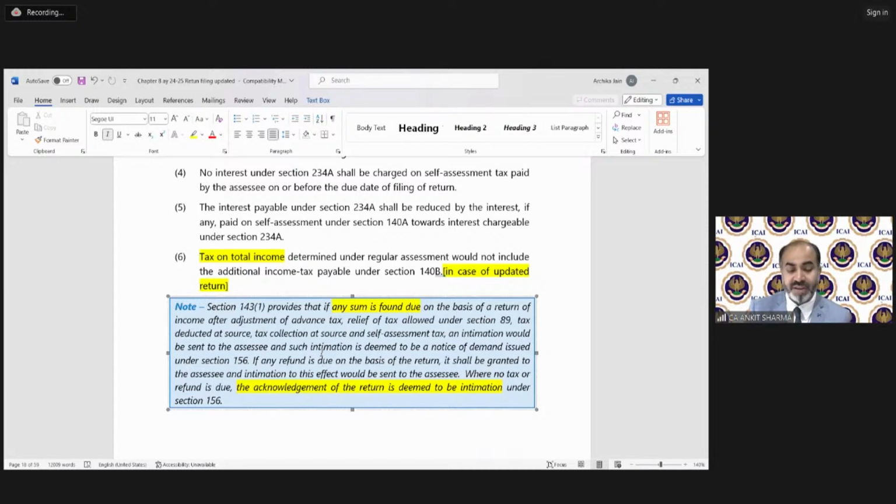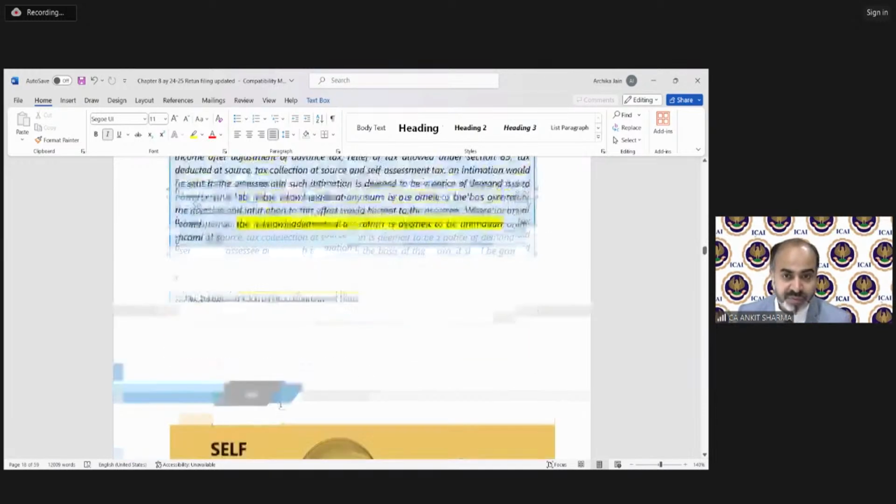But suppose if there is nothing to pay, nothing to refund, in that situation, the acknowledgement of the return will be termed as deemed intimation. So that is called deemed intimation. If there is nothing to refund, nothing to pay, the acknowledgement of the return will automatically be considered as deemed intimation.